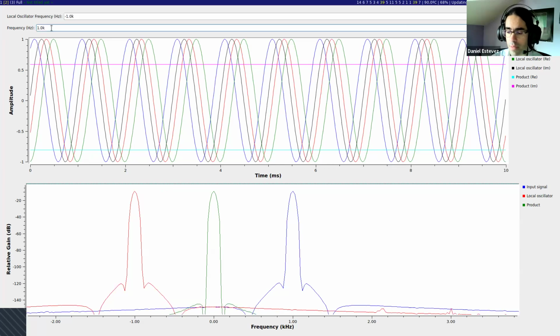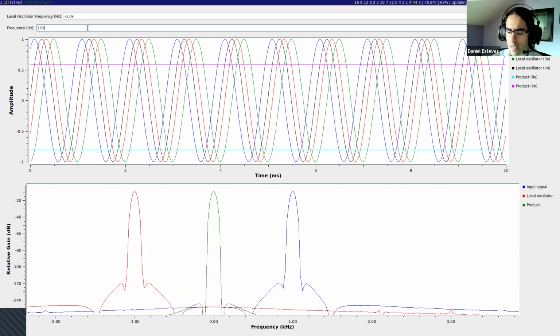And the example Steve gave about the radio on a car is a very good one here. So if we want to tune to some particular station and we know the frequency, maybe it's, I don't know, 95 megahertz, it is easier to think that we need to generate the local oscillator at 95 megahertz rather than to think, oh, we need to change the sign, so it needs to be minus 95 megahertz.